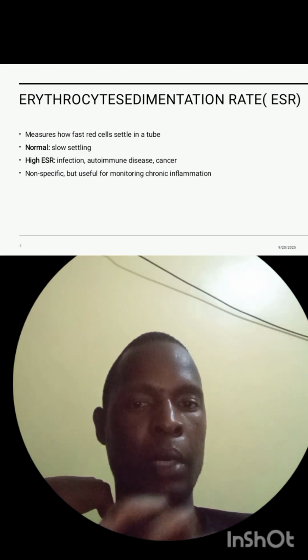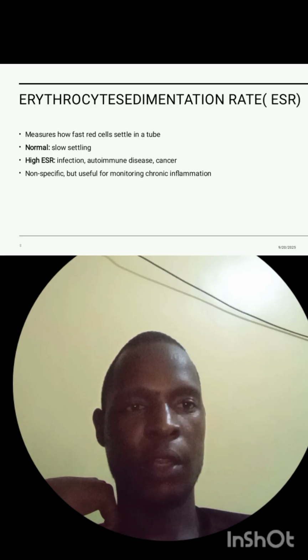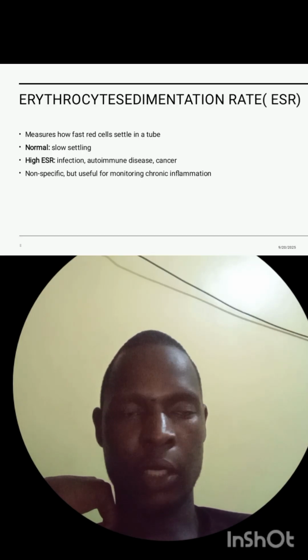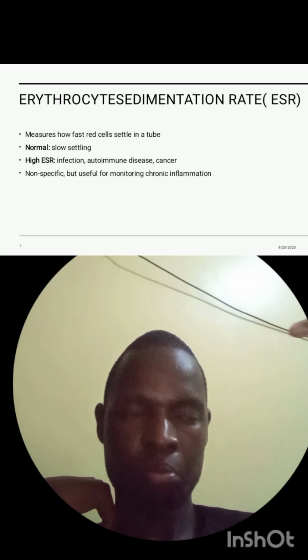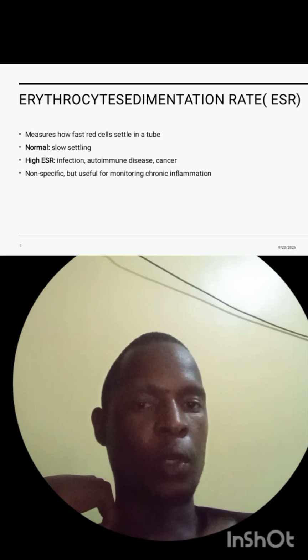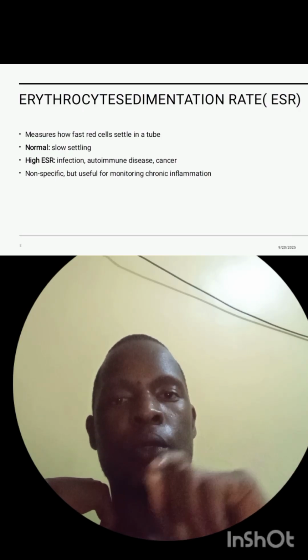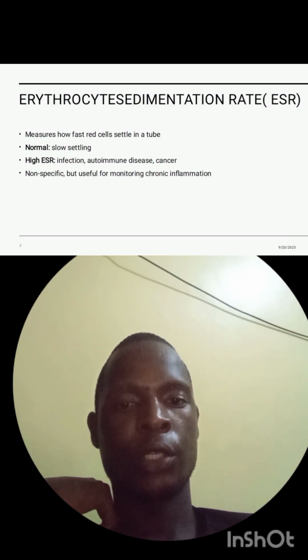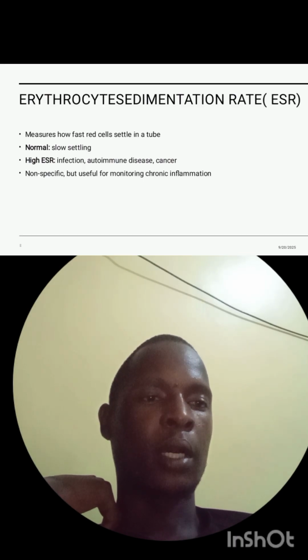But when your blood is attacked and you have an infection, things like anemia or just other infection, your blood will tend to settle very fast and your ESR levels will be things like above 50, 80, 100, and that will be a clear indication that you have an infection, and investigation needs to be done to find out which specific infection you have so that treatment can be considered.